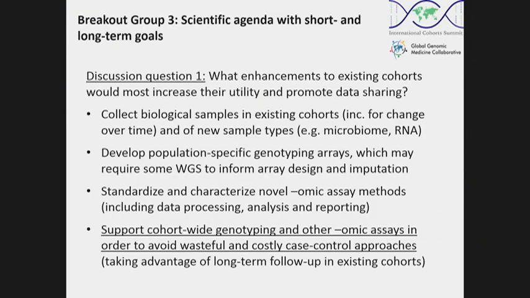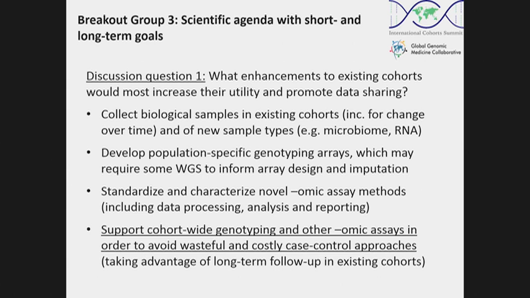So we were asked to consider the scientific agenda with short and long-term goals, and there were two specific questions. The first was what enhancements to existing cohorts would most increase their utility and promote data sharing. And then the second was what are the highest priority scientific questions that could be addressed by a cohort of cohorts.